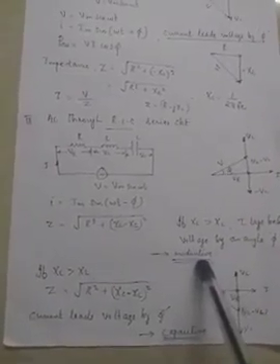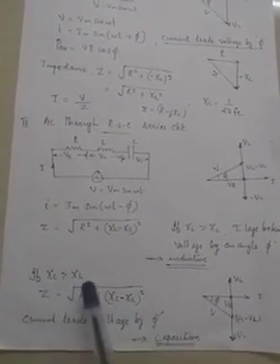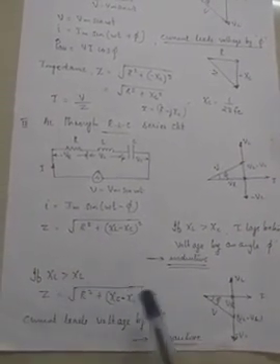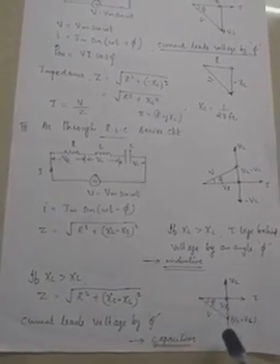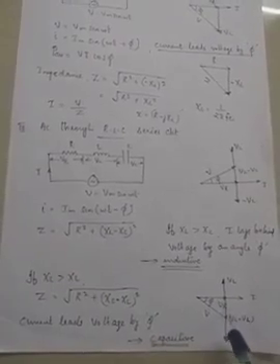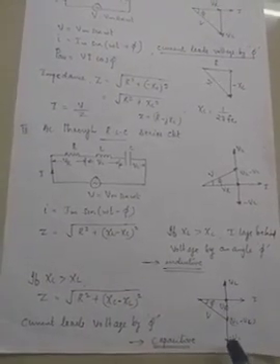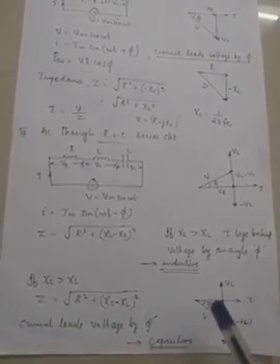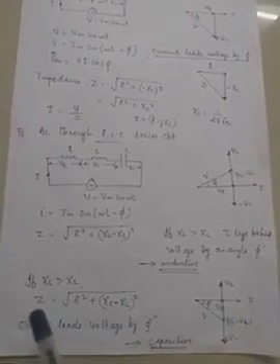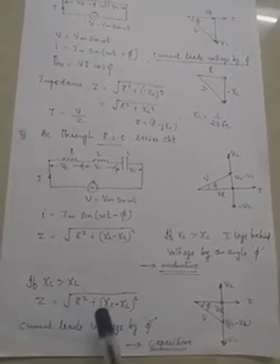Now another case arises, that is if XC is greater than XL. If XC is greater than XL, you can see that the net voltage will come along this axis, because XC minus XL will come along this axis. So V is equal to again root of VR square plus VC minus VL the whole square. Or you can have Z equals root of R square plus XC minus XL the whole square.